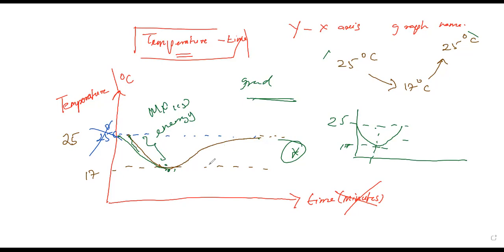Gradually, automatically, it reaches 25 degrees Celsius. This curve is right when it reached 17 degrees Celsius. But you didn't add any ice cubes or give any heat to become 25 again. If you had given the energy, it should be a U shape.